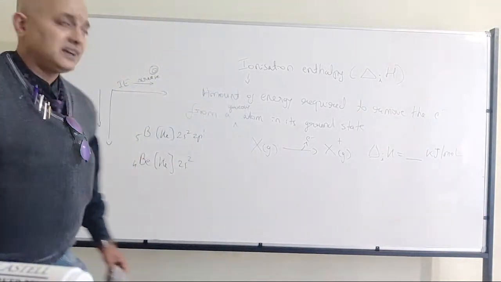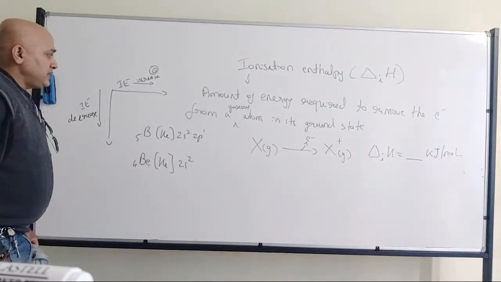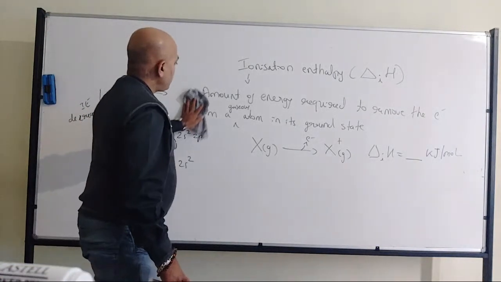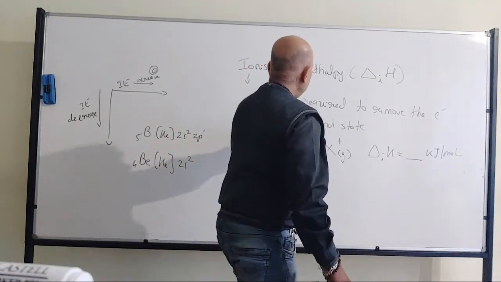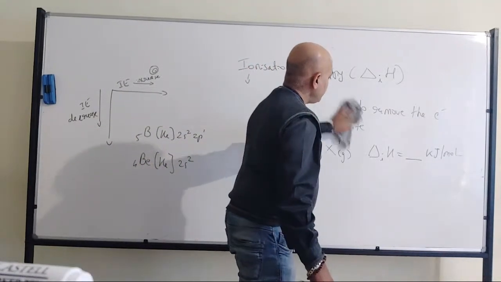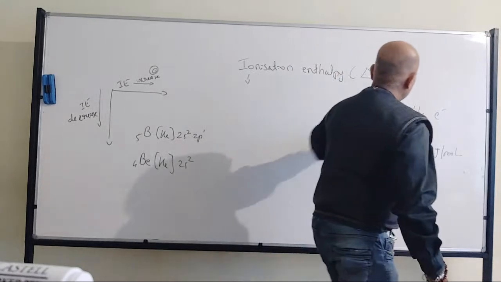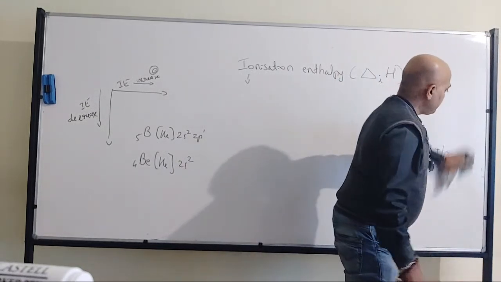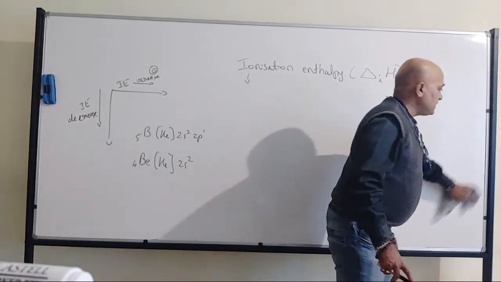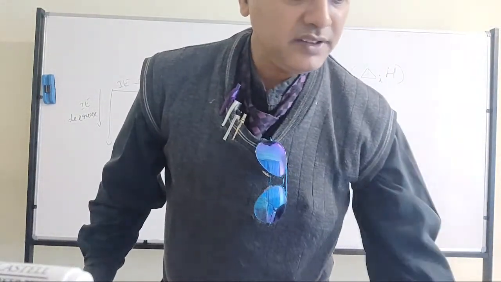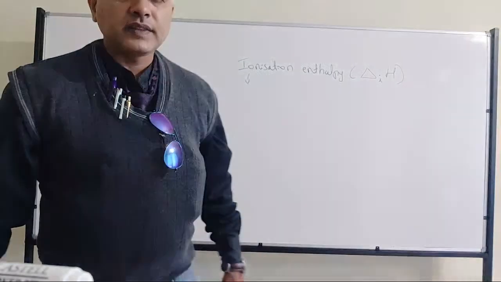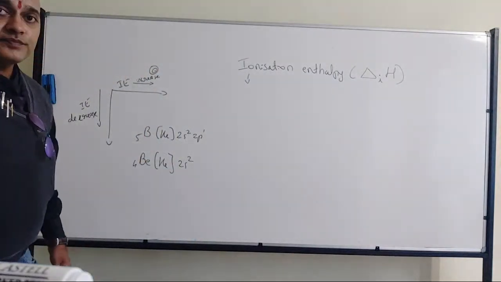Boron is helium 2s2 2p1, and beryllium is helium with 2s2. Now, what difference can you observe in their electronic configuration?